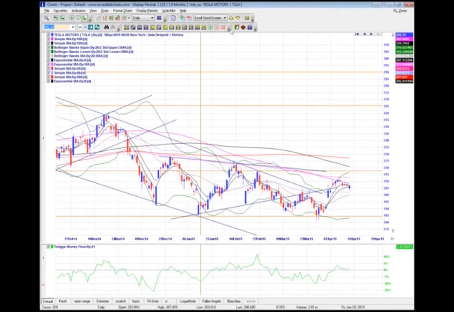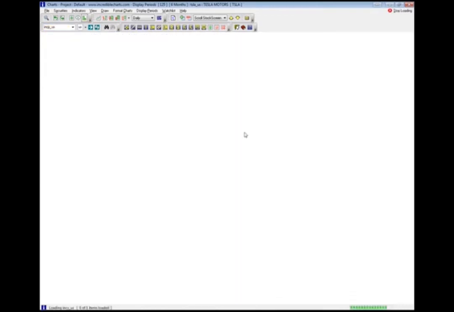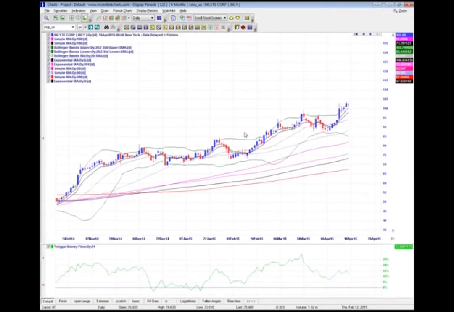So if you're looking at this stock now, let's go to a new one. This is quite a volatile stock, good old Tesla. Let's have a look at one of the other ones from the audience, INCY. So you have a look at INCY, for example.